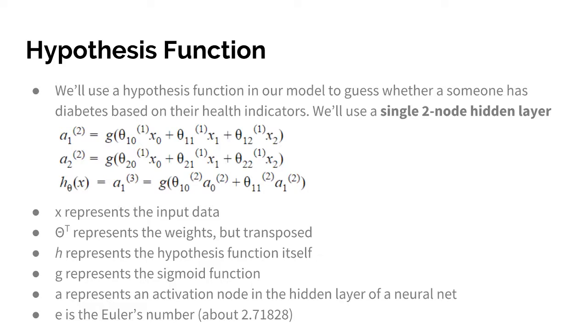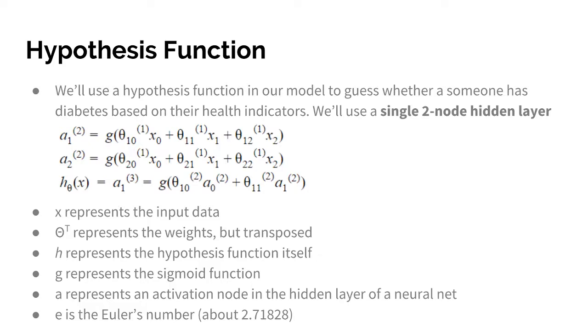As you can see, there's a pretty high number of thetas, or weights, that we have to keep track of. But in the coming diagram, I'll try to simplify that so you get a better intuition of what these equations really mean.